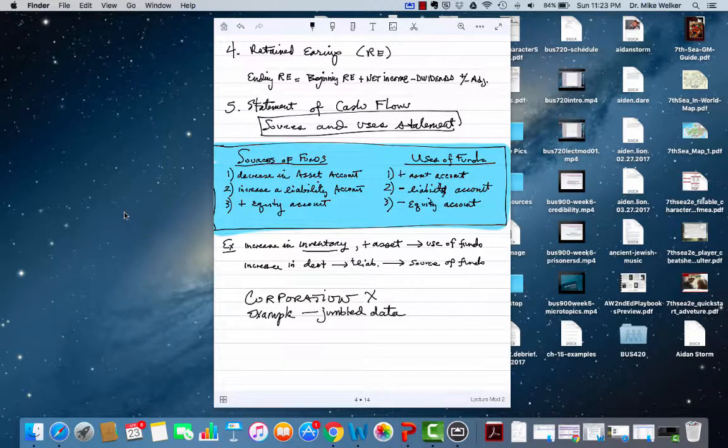Throw it into Excel, and I'll point to the various elements inside Excel, and we'll try to organize the data into the income statement and the balance sheet. We'll do some retained earnings, and we'll even generate another balance sheet perhaps, and get a statement of cash flows in place, and a sources and uses of funds in place, with me having to construct my spreadsheet of the jumbled data first.